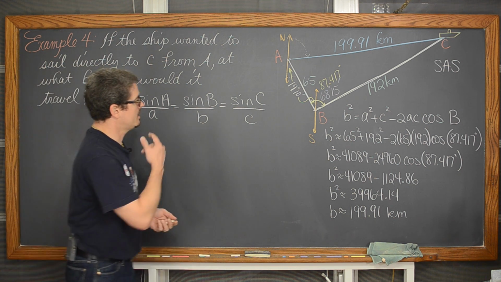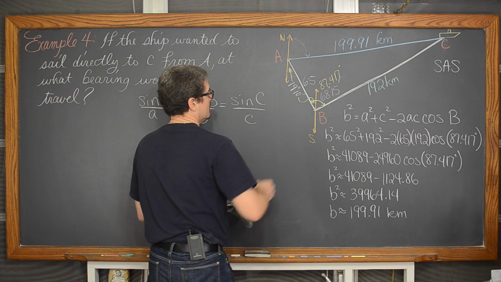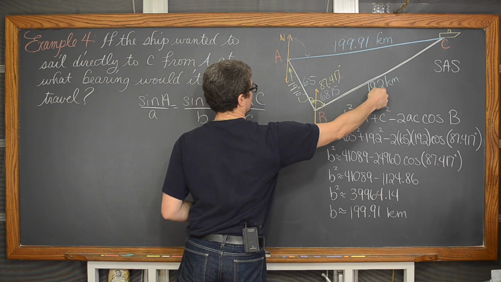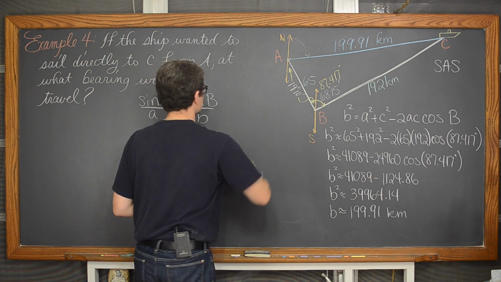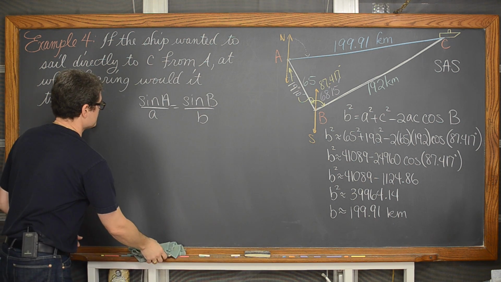So let's say we have angle B and side B, and we have side A, and we're going to look for angle A, and let's work with this portion of the law of sine.